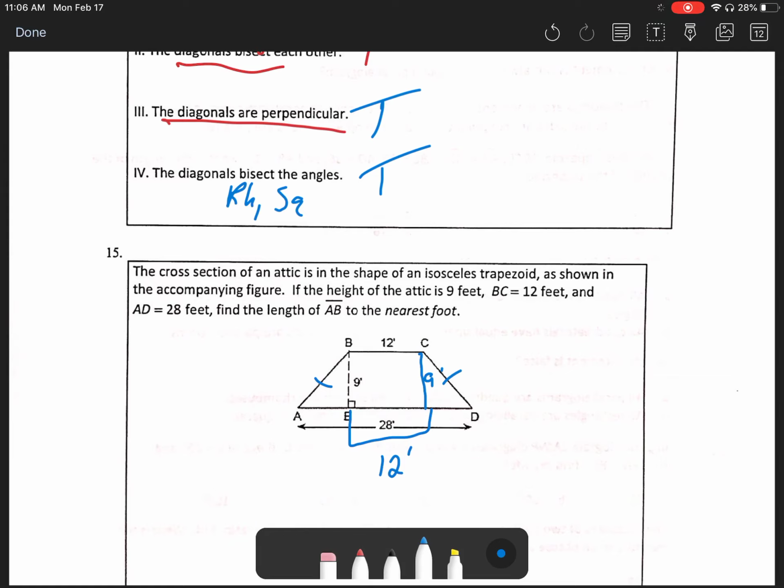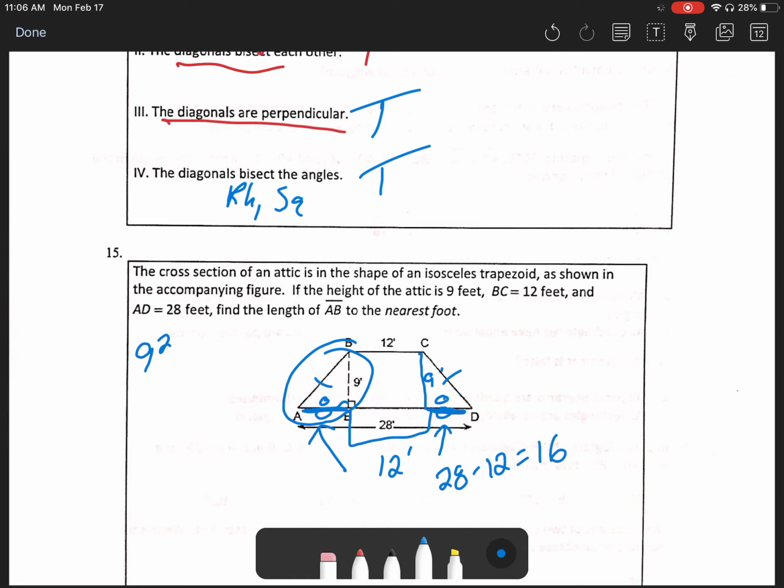So what we look at is this right here. These two distances are going to be 28 minus 12, which is 16. This distance is the same as this distance, and I know they add to 16, so this is going to be 8, and this side is going to be 8.